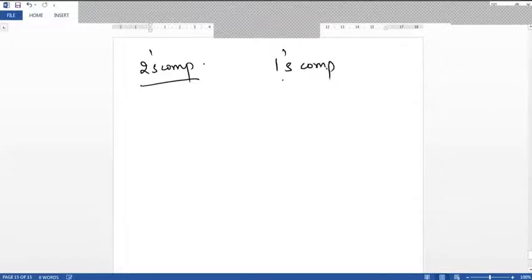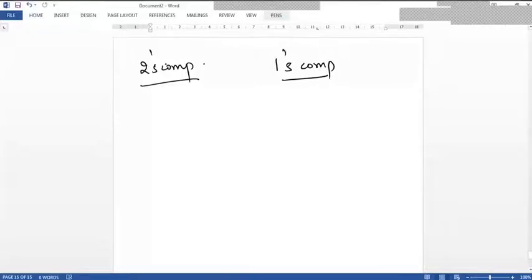I taught you how to find 2's complement and how to find 1's complement. We also saw how to carry out subtraction using 2's complement and using 1's complement. Now my question is, which one did you find better? Anyone unmute and let me know. Which one did you find better, 2's complement or 1's complement?